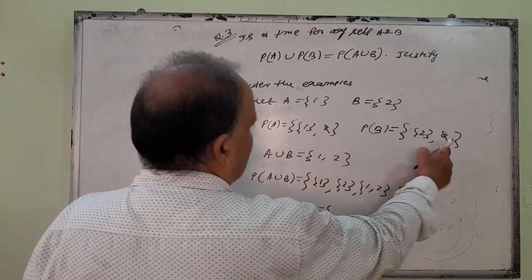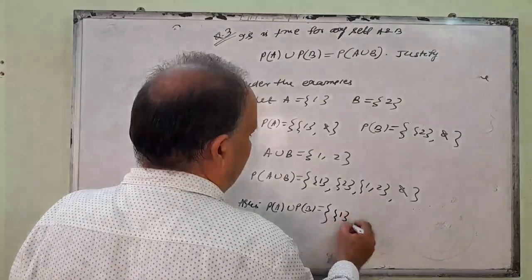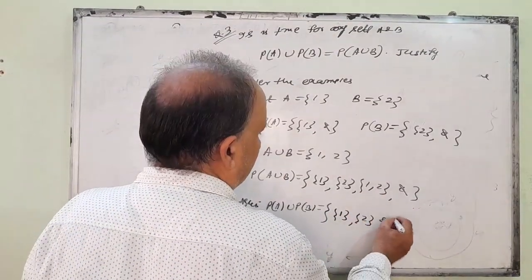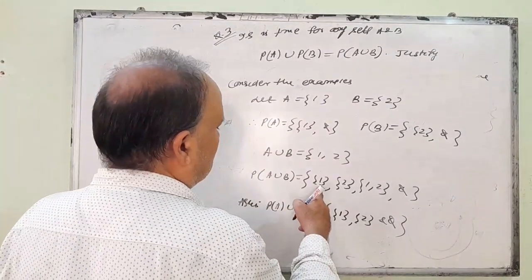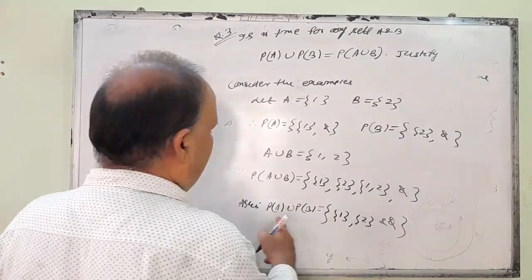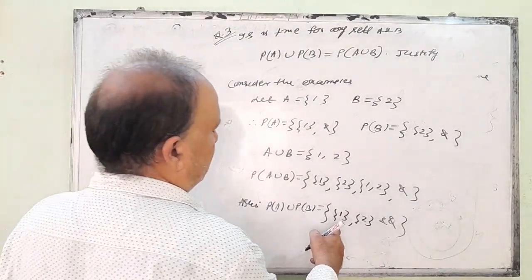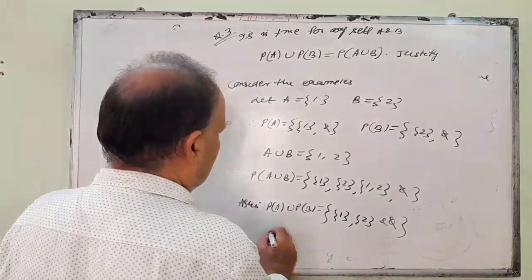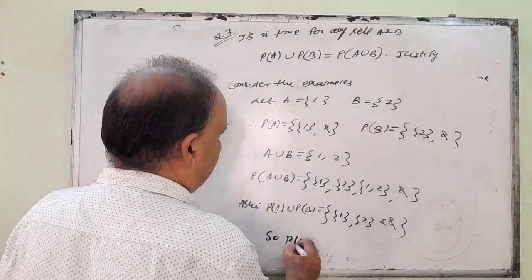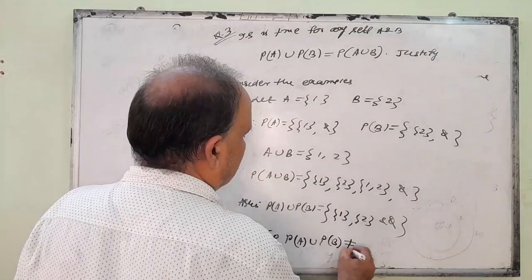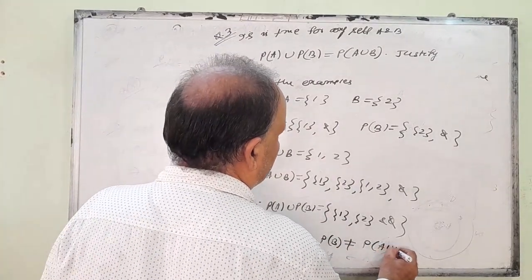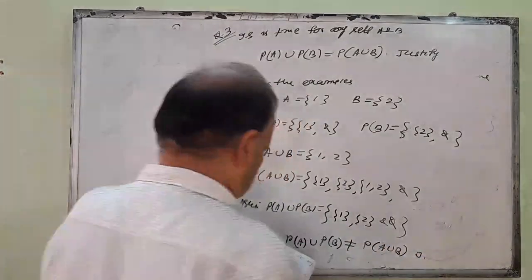Combining the elements of both power sets gives a smaller collection. You see, P(A union B) has more subsets than P(A) union P(B). So P(A) union P(B) is not equal to P(A union B). This is your answer.